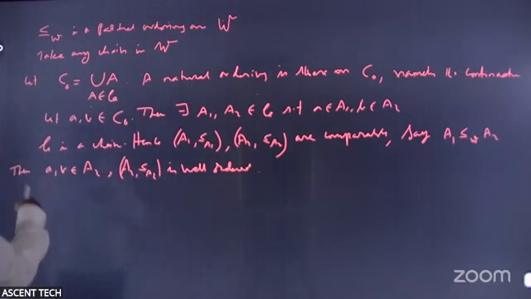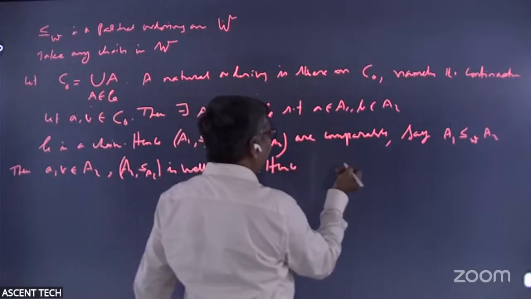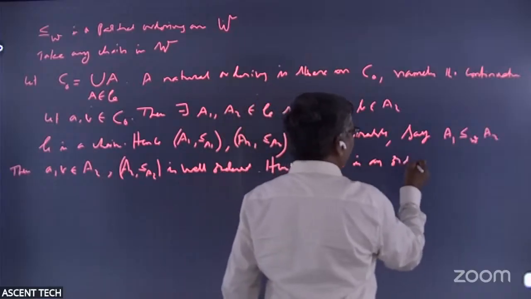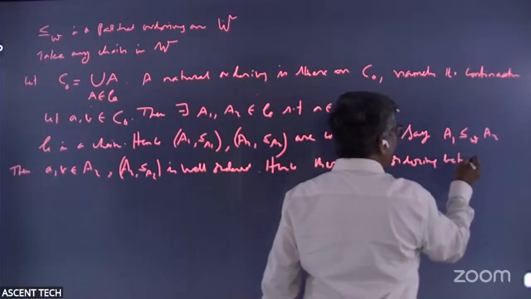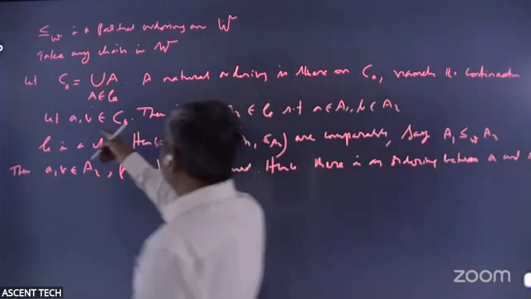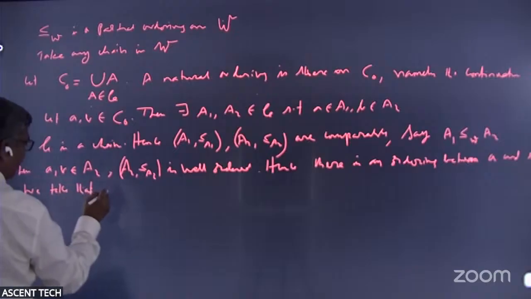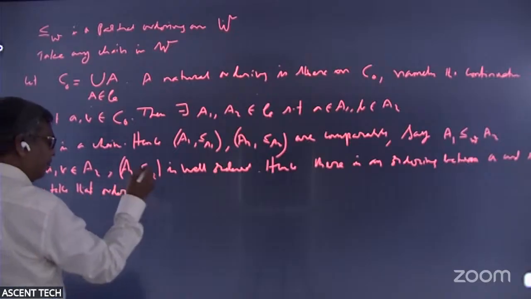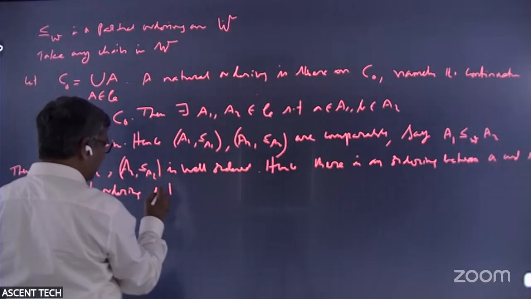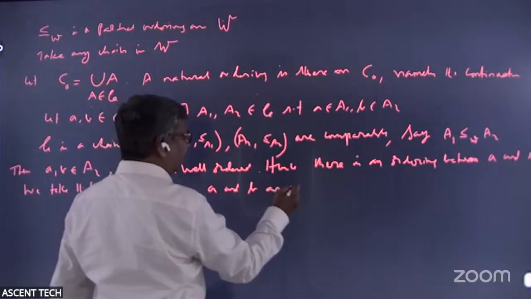Therefore, there's an ordering between a and b. Hence there is an ordering between small a and b, and I want to take that ordering to be the ordering in C naught. We take that ordering between a and b as the ordering in C naught.